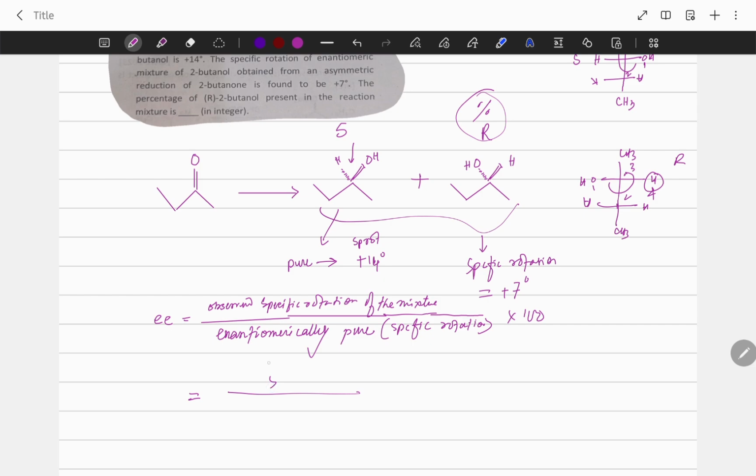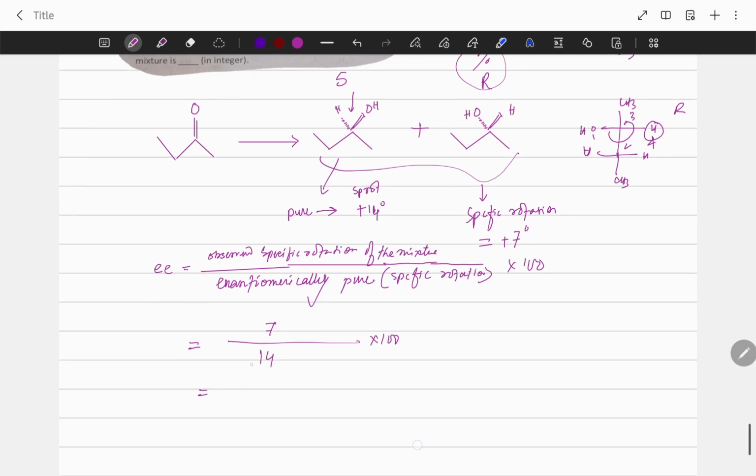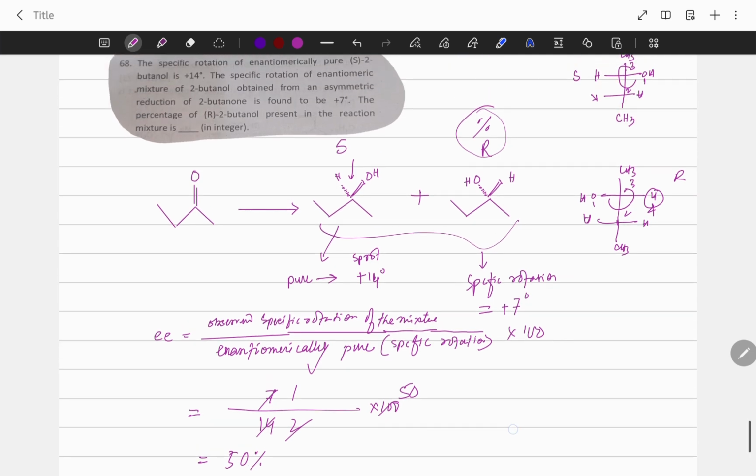Then you will get 7 by 14 into 100, and it will come to 50. So its enantiomeric excess is 50%.